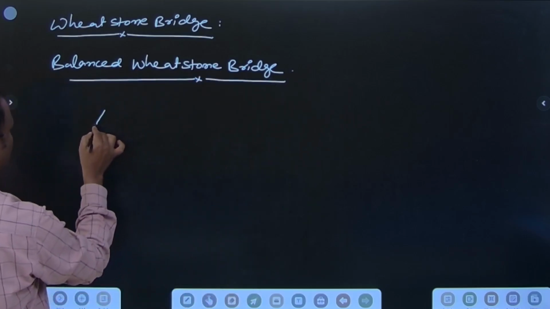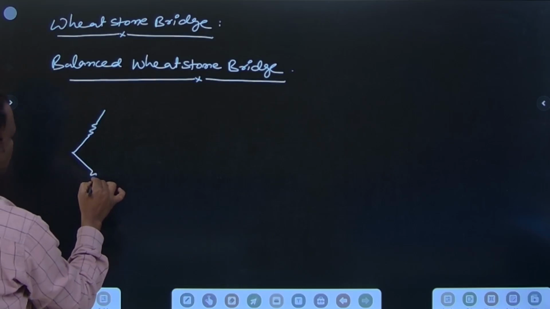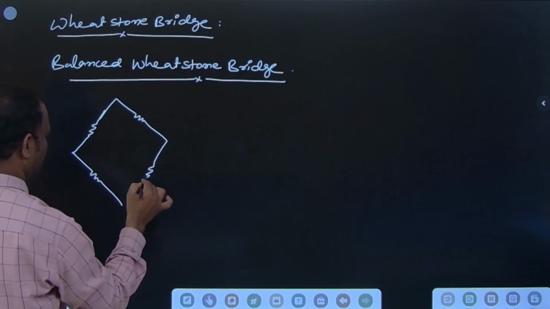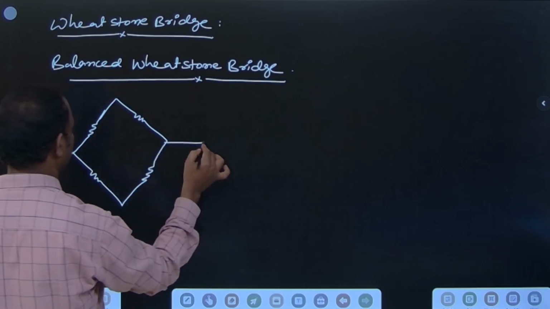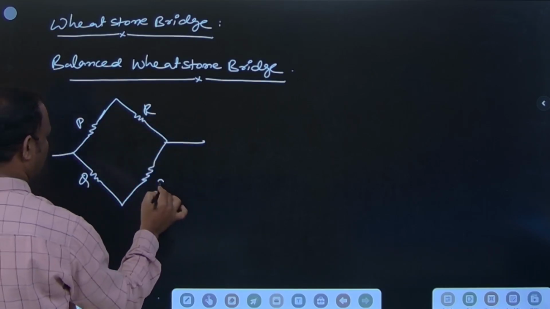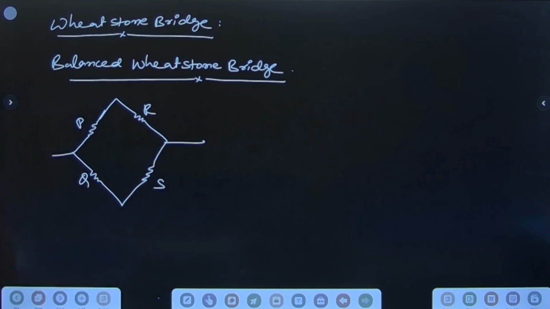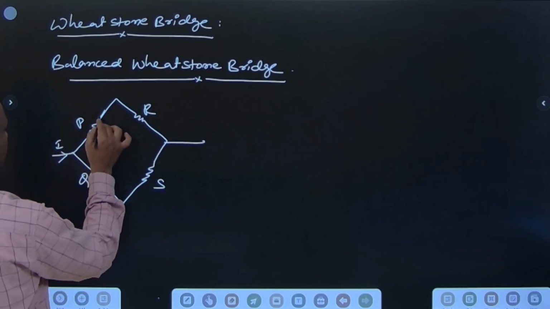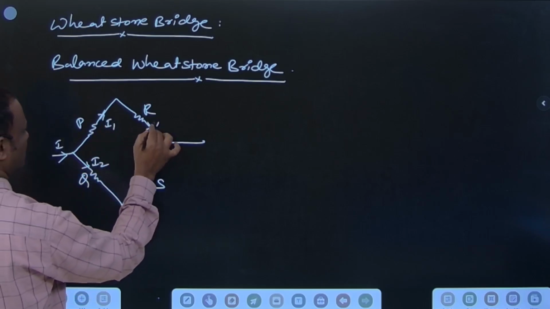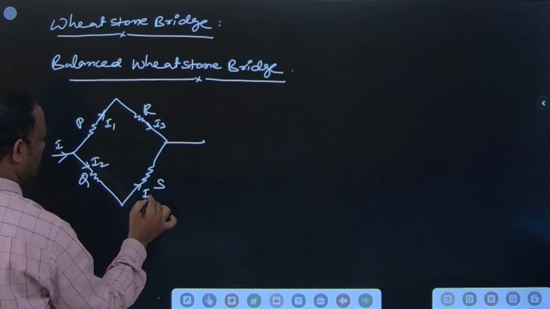Generally, these resistors are used here. When do you say the circuit is balanced or not? The resistors are P, Q, R and S. The current passing through is I, with I1, I2, I3 and I4 in the arms.